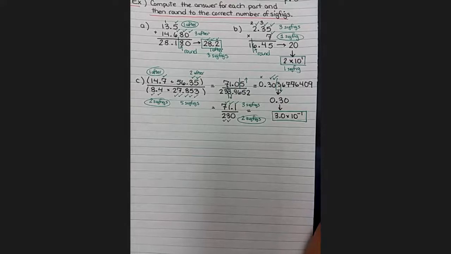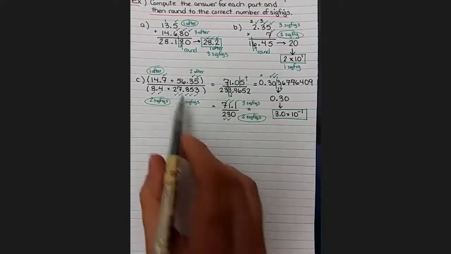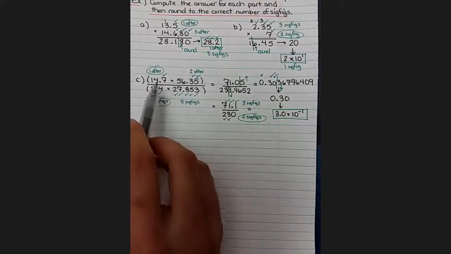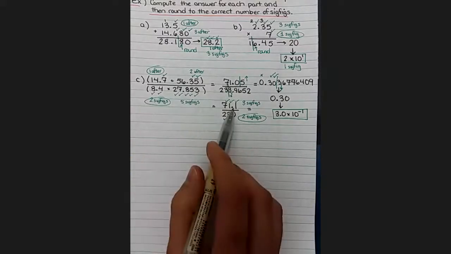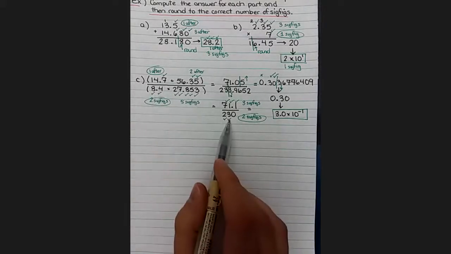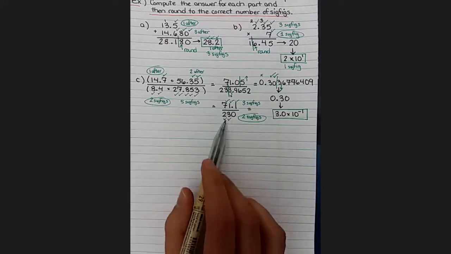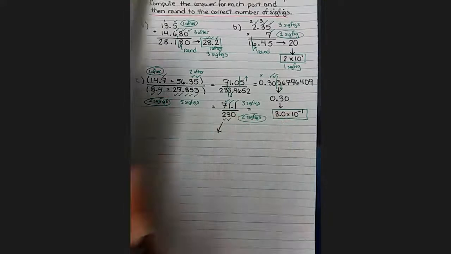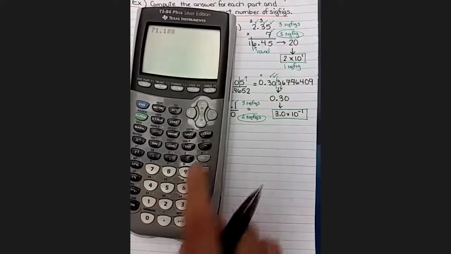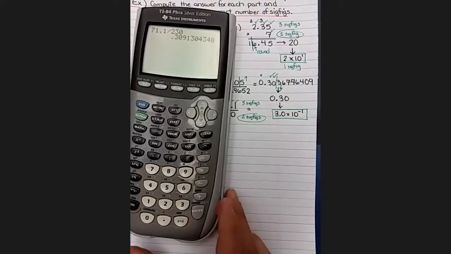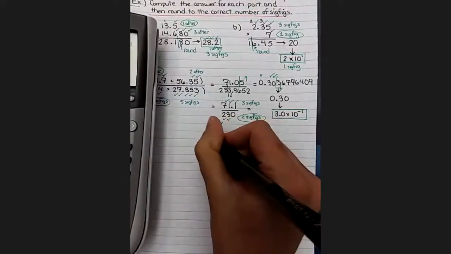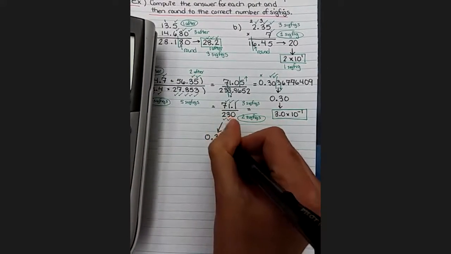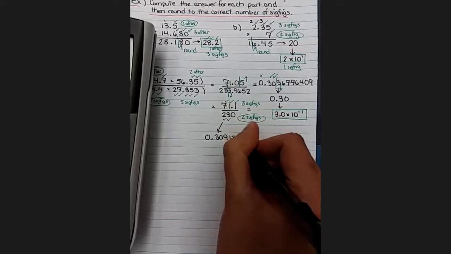So I just want to take one last minute to point out why we didn't do this the first time. If we added these together and rounded that number, we multiplied these and rounded that number, what would happen if we divided these two numbers, 71.1 over 230? For that answer, we would get 0.309, and so on.